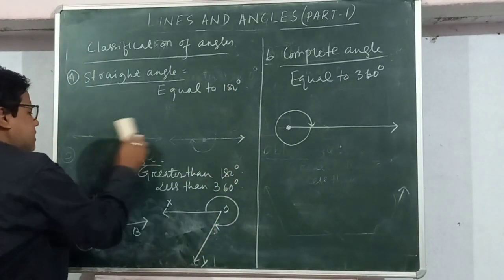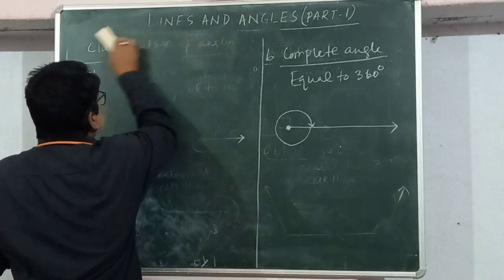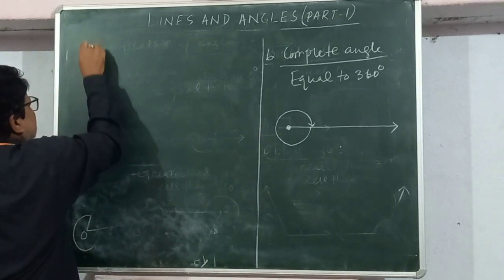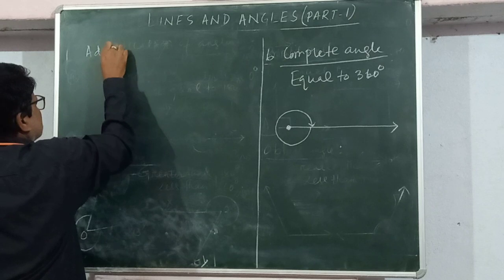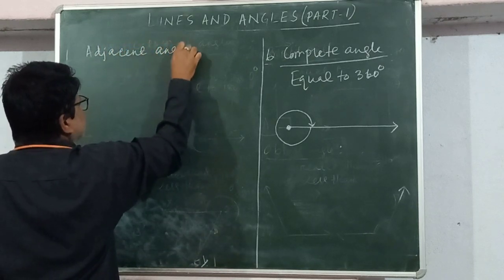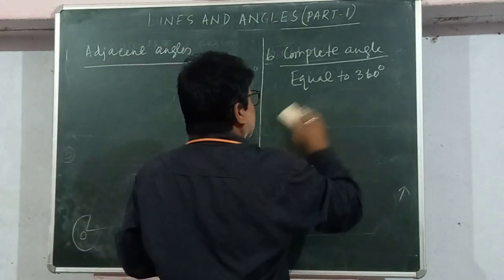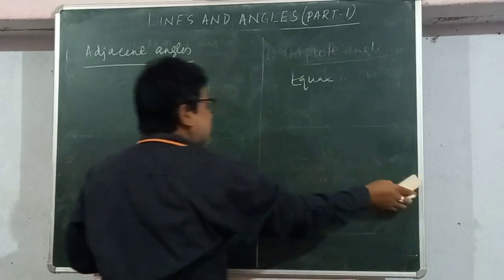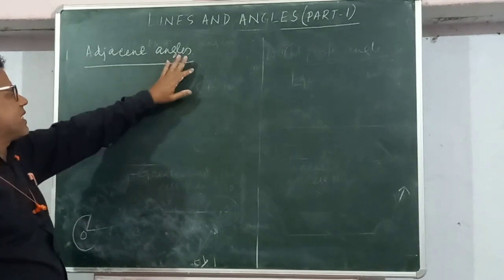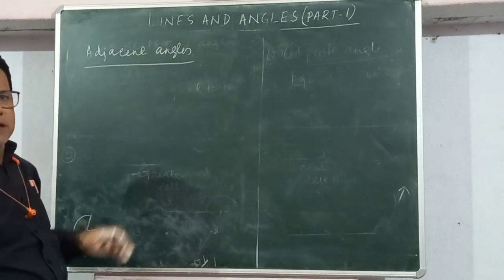Now we will read about adjacent angles. Adjacent angles means a pair of angles. Till now what we read were independent angles, but this is a pair of angles.